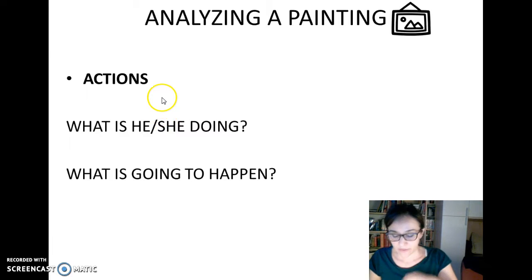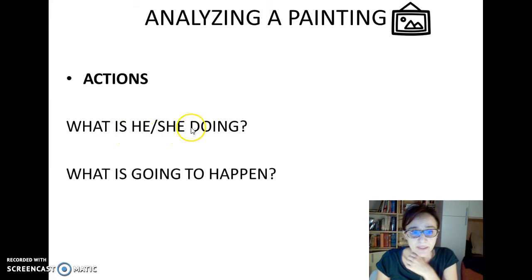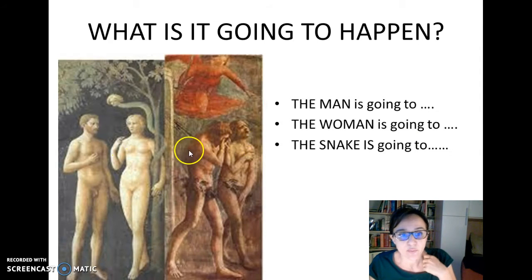Then, if you want to describe a painting, you have to talk about actions. What is he or she doing? What is the woman or the man, the people in the painting doing? So, what is going to happen? For example, if you have a look at this painting, what is going to happen to these people?